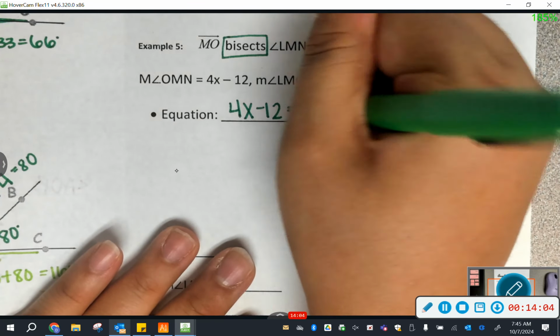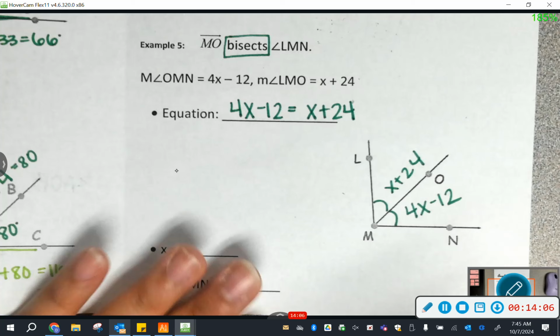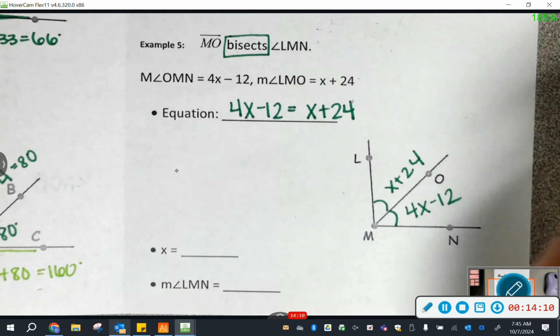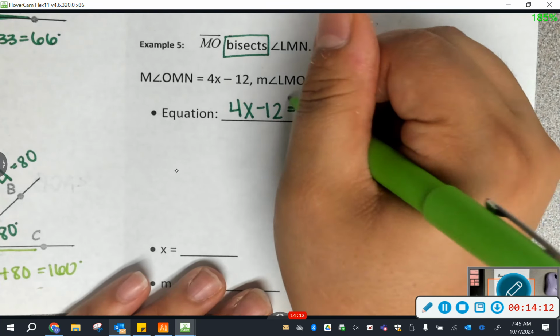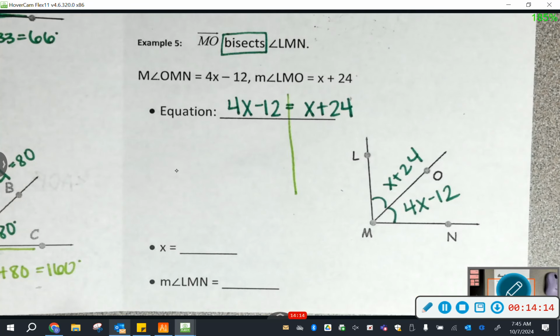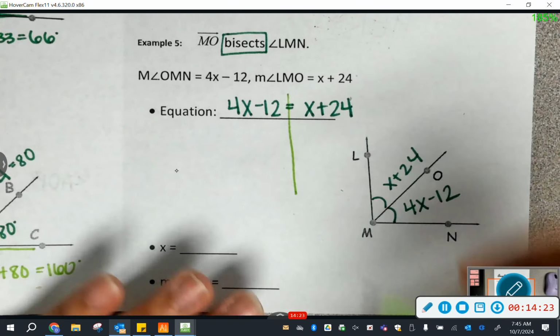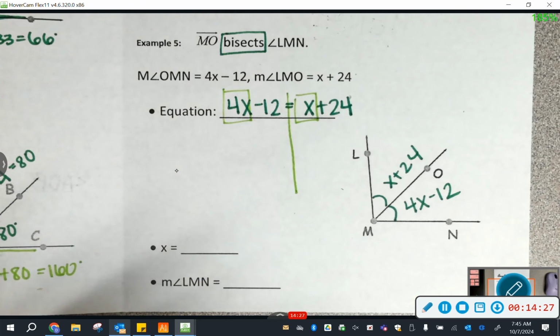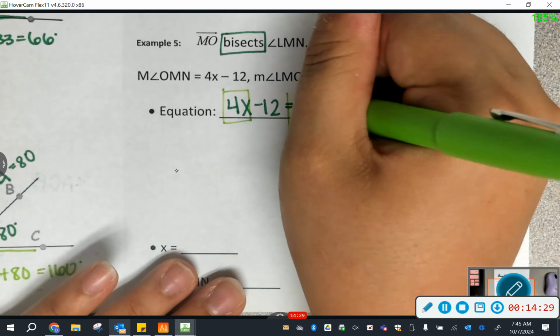But you could switch it around and you would still get it right. I'm going to draw my line. What do we notice? What do we see? 2 x's on same side or different sides? We subtract.